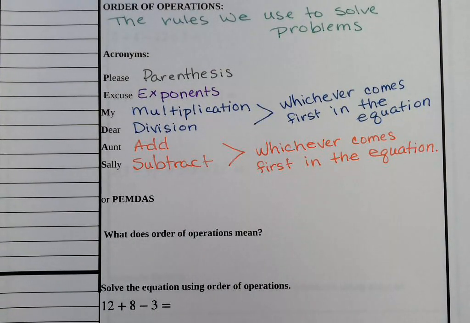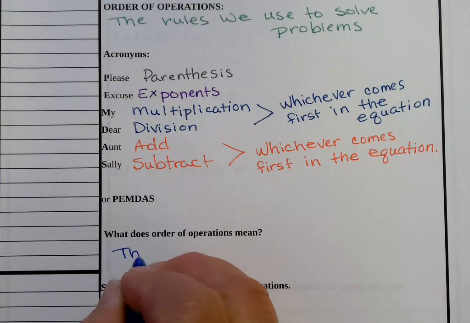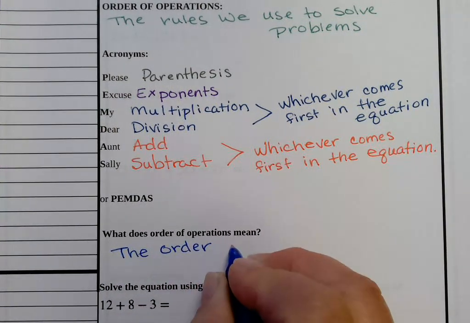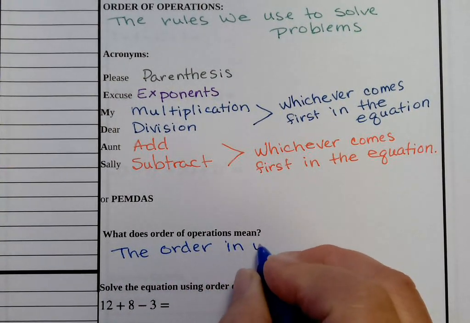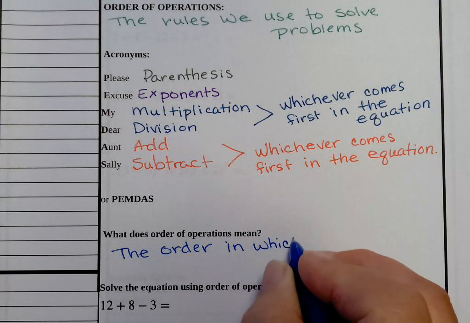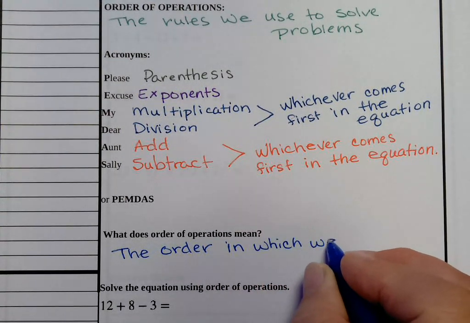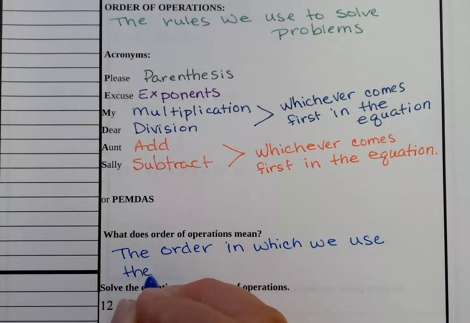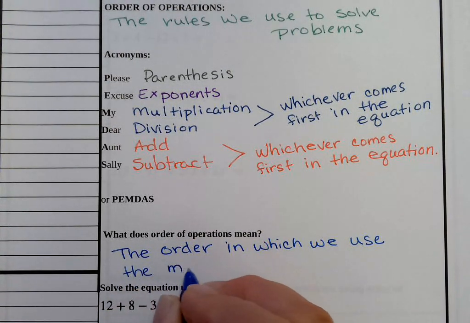It tells us the order in which we solve a problem. In other words, the order in which we use the mathematical operations.